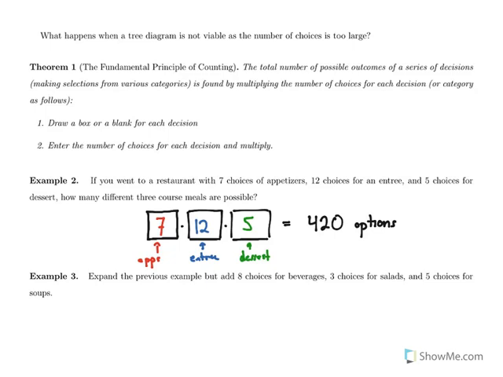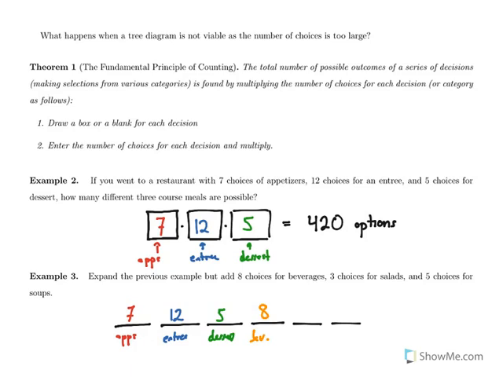So let's do it again. We're going to do the same example, but we're going to add 8 choices of beverage, 3 for salad, and 5 for soup. So here we have apps, entree, dessert, beverage, salad, soup. And we'll label this as well. So apps, we have 7 appetizers. Entree, we still have 12. Dessert, we have 5. Now we're going to bring in the idea of a beverage.